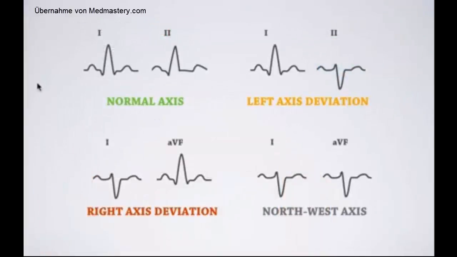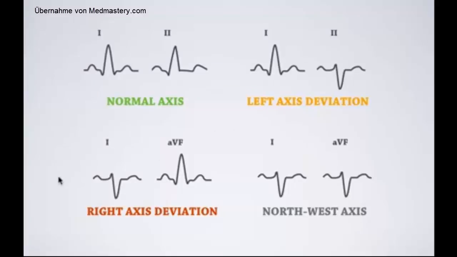So here are the different instances again. On the top half, lead 1 is mainly positive, so we have to look at lead 2 in addition to lead 1. If both leads 1 and 2 are mainly positive, then the patient has a normal axis. If the left lead, that is lead 1, is mainly positive, and the right lead, that's lead 2, is mainly negative, the patient has left axis deviation.